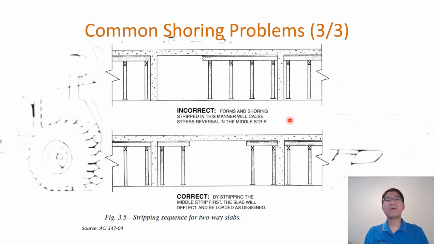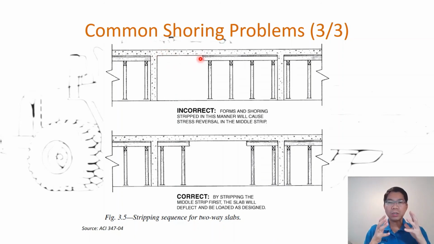And the last common problem is: what is the sequence in which I should remove the shoring and the formwork? The incorrect way is to start from the corner, from the support, and that will create a new way the structure, the slab and the beam, works.